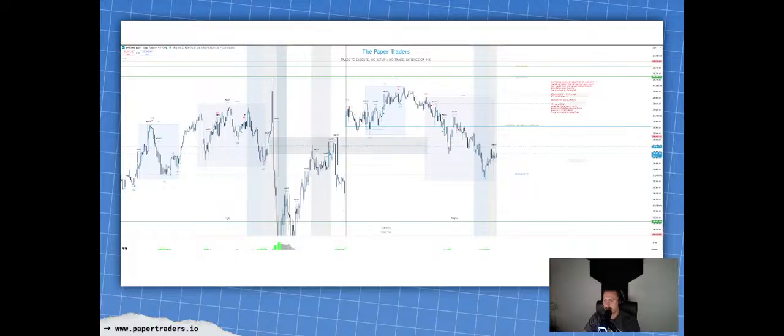So going into the New York session, we can either expect a reversal to the upside or consolidation here.